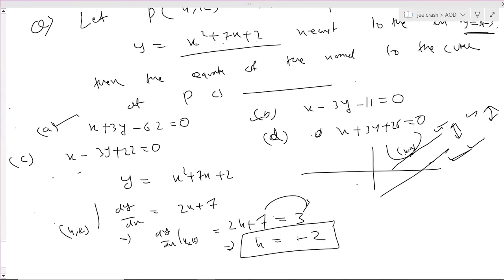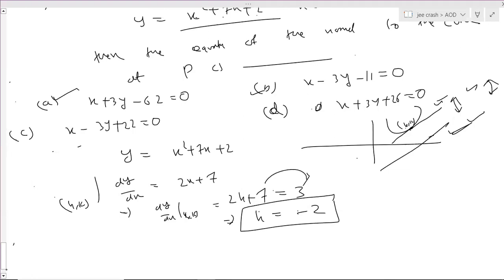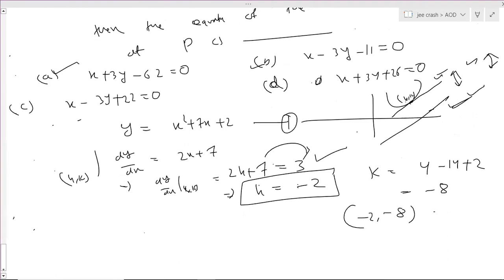So if h is minus 2, then k we can find using this equation. So this will be 4 minus 14 plus 2. So this is minus 8. So the point we got is minus 2 comma minus 8. And if the slope of the tangent is 3, then slope of normal will be minus 1 by 3.